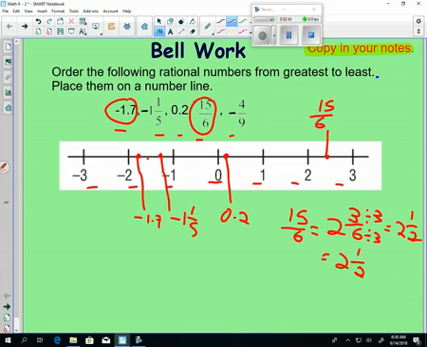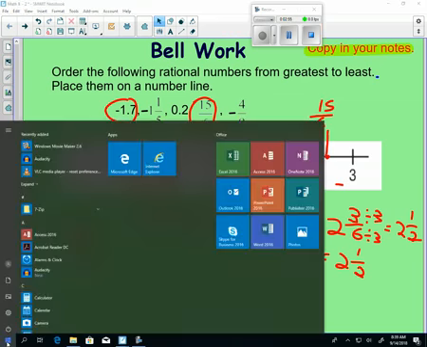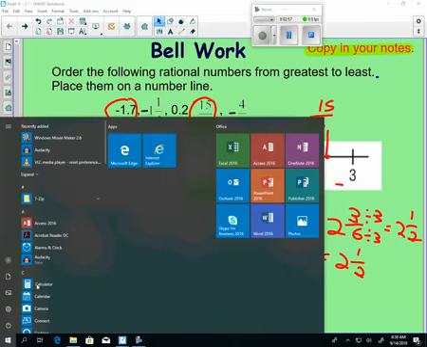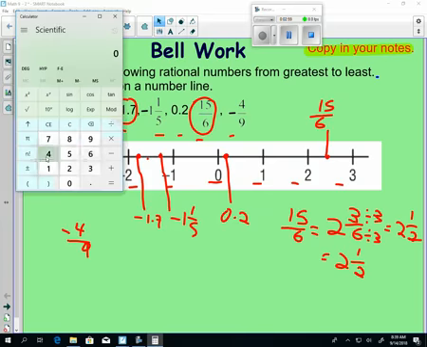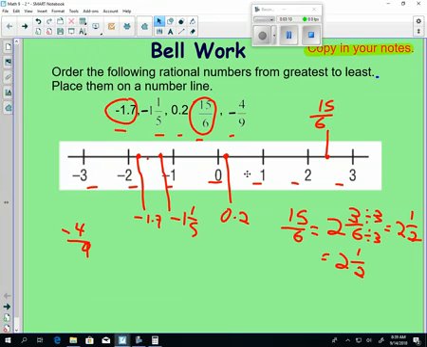And then the last one is minus 4 over 9. We can put that in our calculator. Minus 4 divided by 9. Let's just look at our calculator together. On your computer, take out your calculator. We have 4 divided by 9 equals minus 0.4444. So we're going to put that.